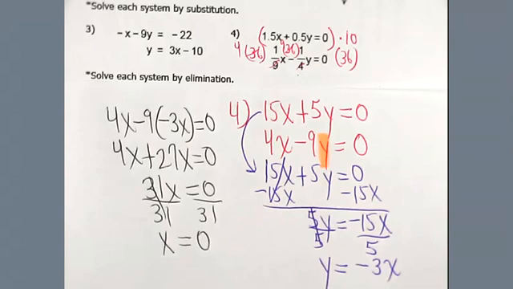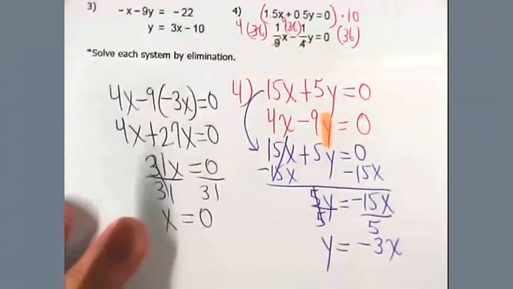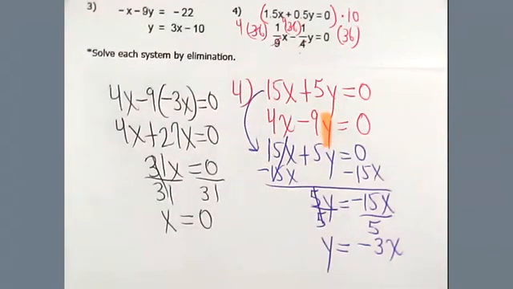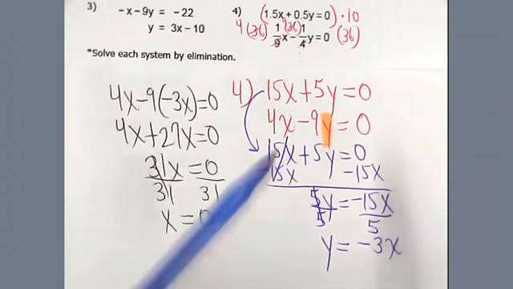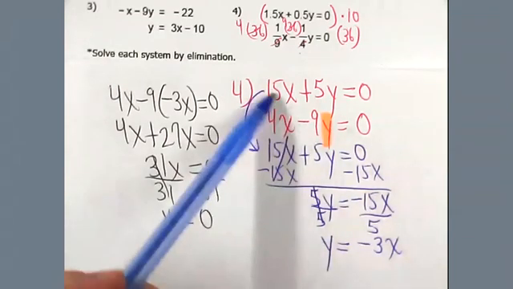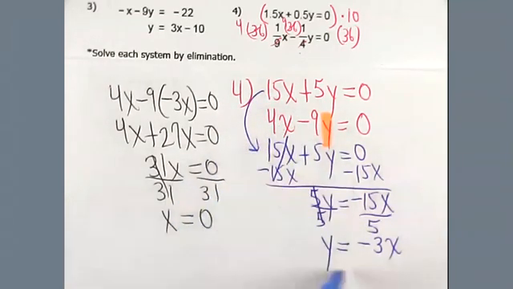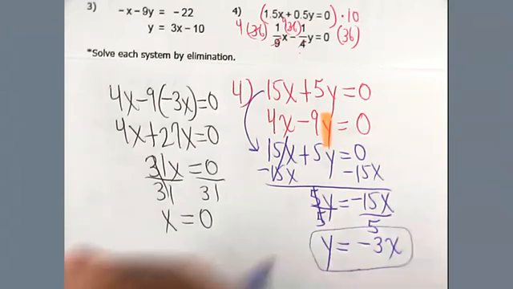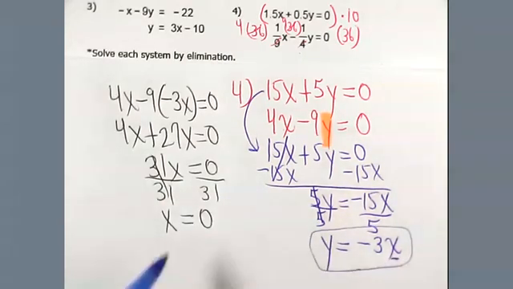Now, we found the x-coordinate. We need to go back and find the y value. You could use one of the original equations, or probably better idea to use that equation because you already have y by itself. So in place of x, we'll plug in that 0 we just found.